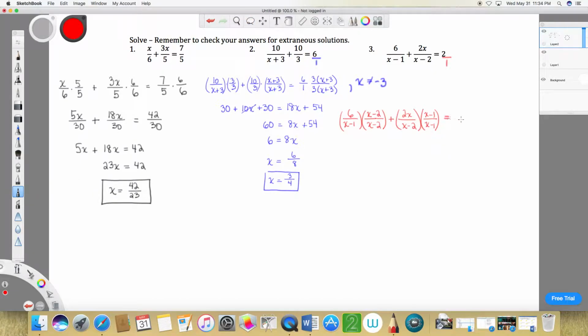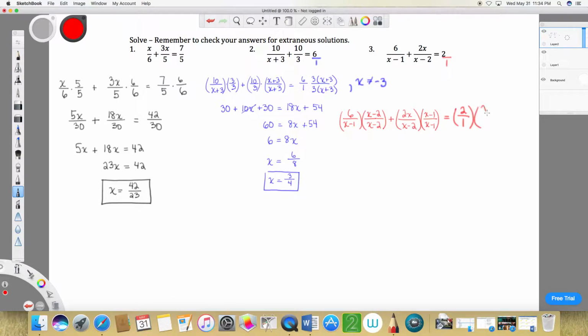All right, so this 2 over 1, sometimes students will accidentally forget about that constant on the other side. They'll see that 2 and they just don't think of a denominator being there because it's just the integer 2. But 2 can be written as 2 over 1, and this does not have the same denominator as the other 2 terms.